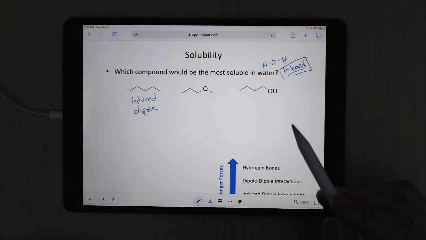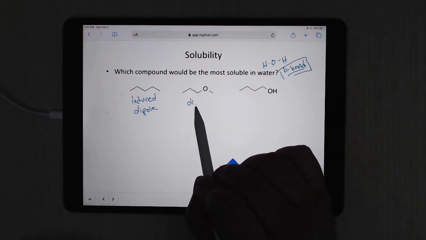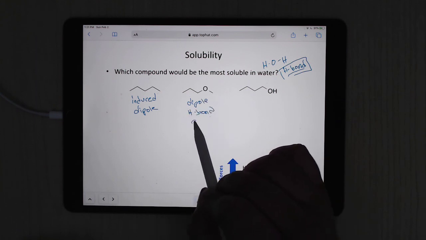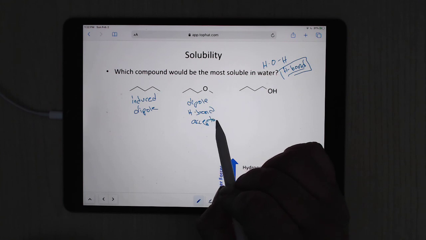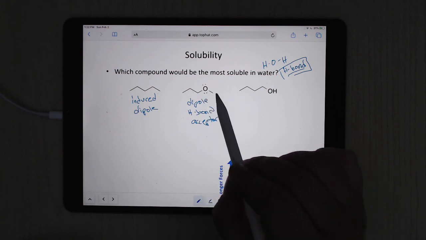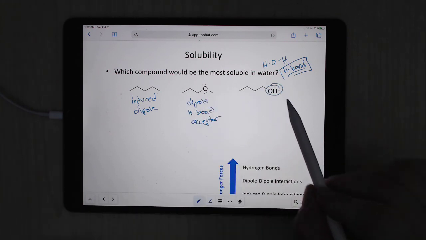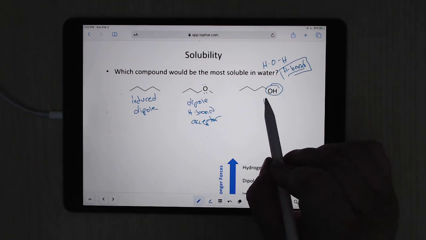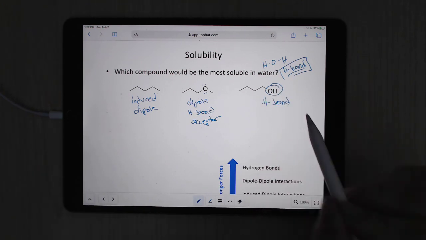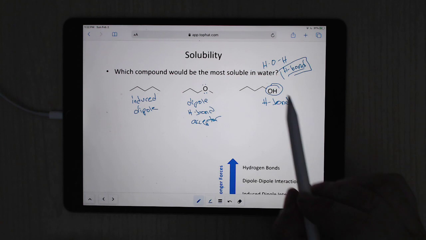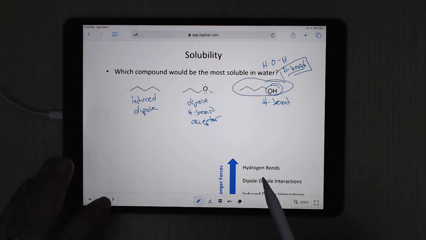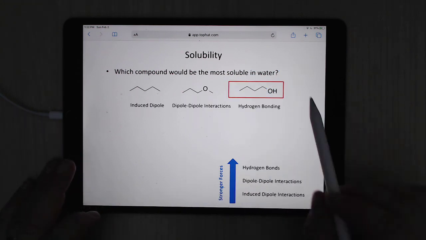This one can at least do dipole interactions, or it's an H bond acceptor because it's got lone pairs in it, so maybe a little soluble. But this one, because it has the OH, can do hydrogen bonding, both acceptor and donor. So this one is going to be the most soluble in water.